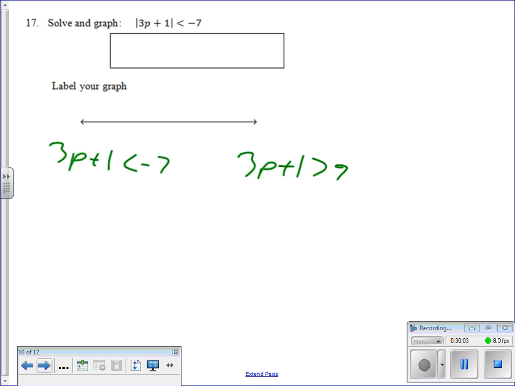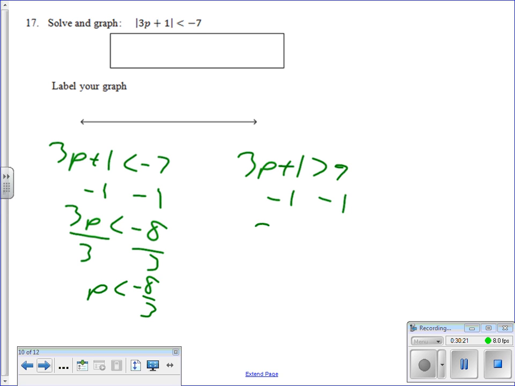Subtract 1. 3p is less than negative 8. Divide by 3. P is less than negative 8/3. Subtract 1. 3p is greater than 6. Divide by 3. P is greater than 2.